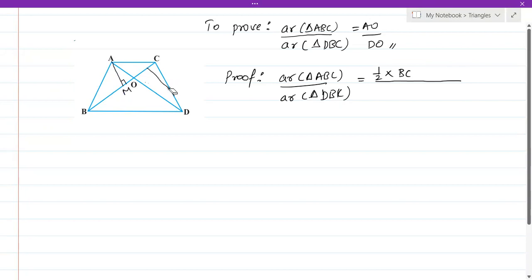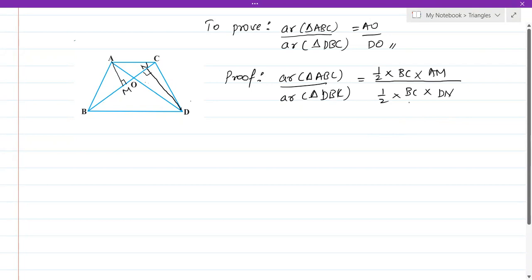And from D, let's construct a height. This comes under construction. AM is perpendicular to BC, DN is perpendicular to BC. So in the triangle, half into BC into AM is the area. And half into BC into DN for the other, where BC is the base and DN is the height.